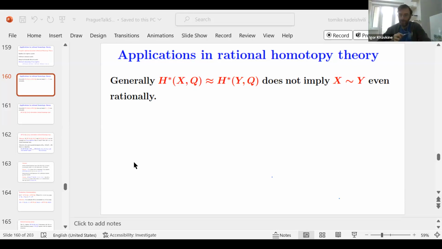Can I ask a question? Sure. First, thank you for this very nice lecture. I wanted to hear your comment about this way that C-infinity algebras capture the homotopy type, but in the case when the underlying topological space is not simply connected.